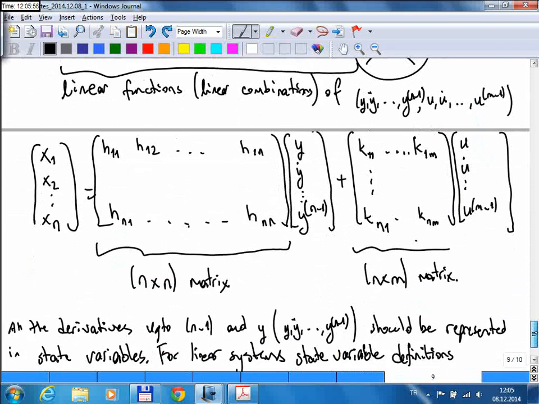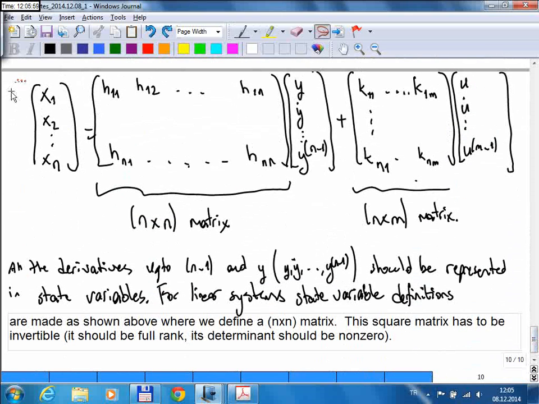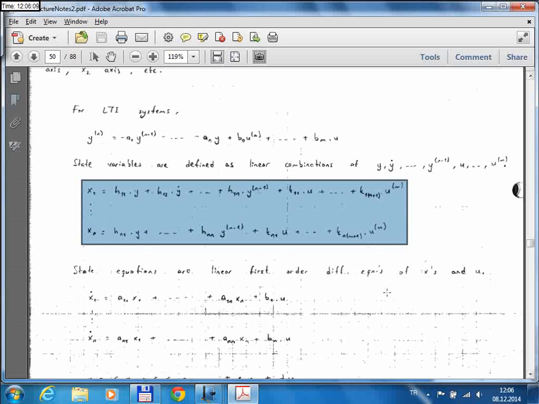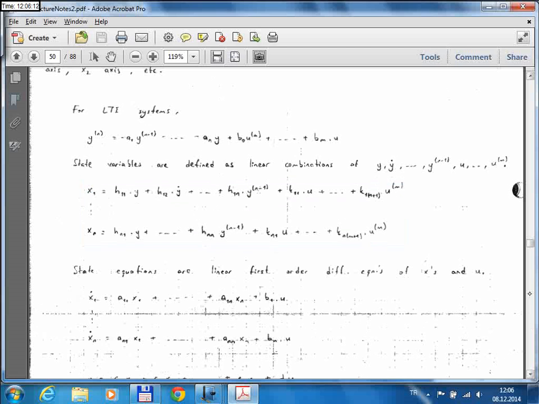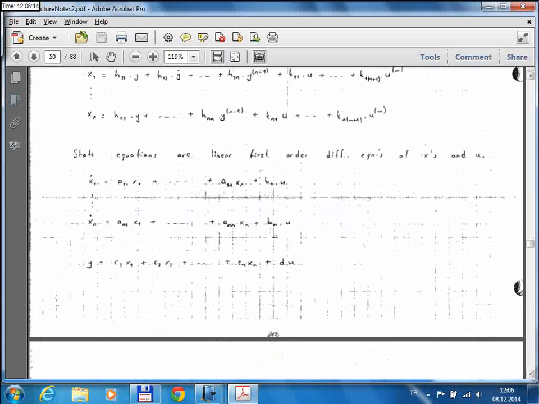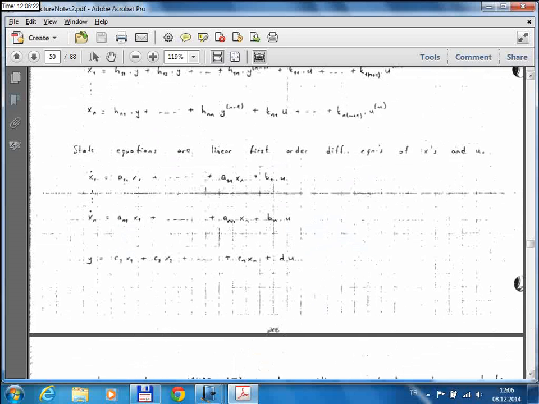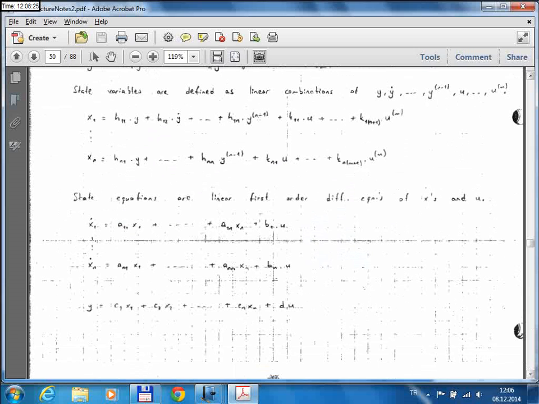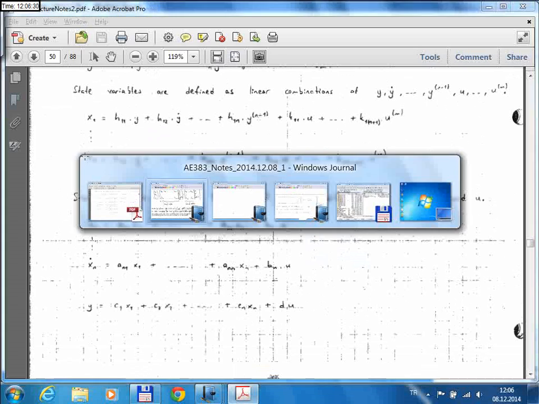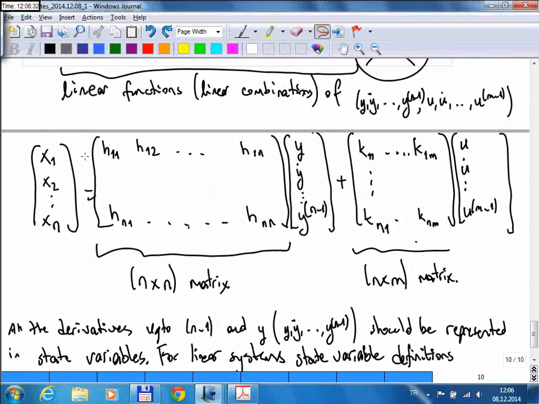Okay, so if we have a linear system, we choose our state variables as linear combinations of all these terms, and then for state equations we need to differentiate them. I guess I skipped a step in between, so let me complete that step here.